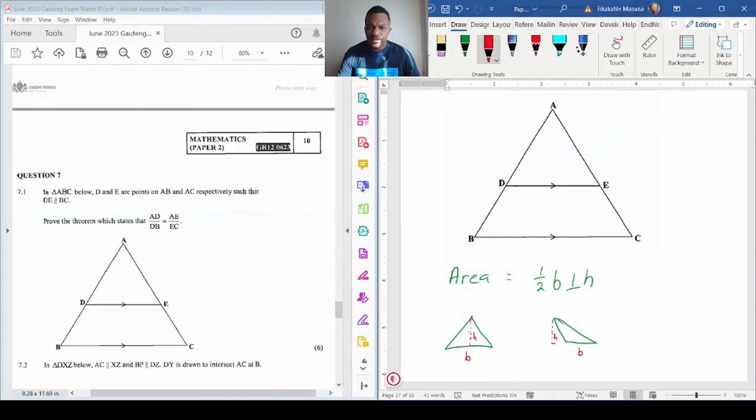It's outside the triangle, but it's the height you use. Those are the two triangles that we will use in this question. And so the first thing that we want to do then is actually construct these heights.